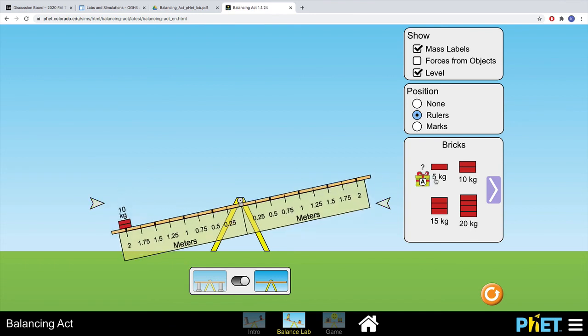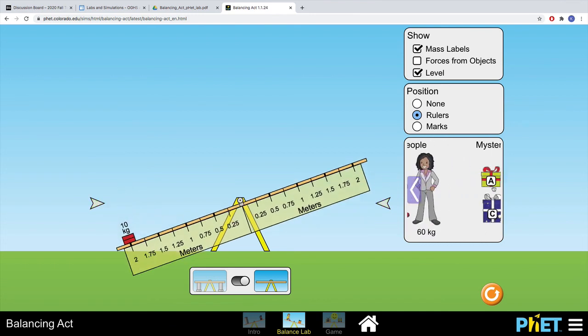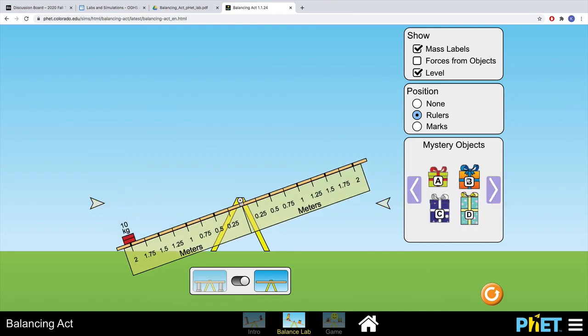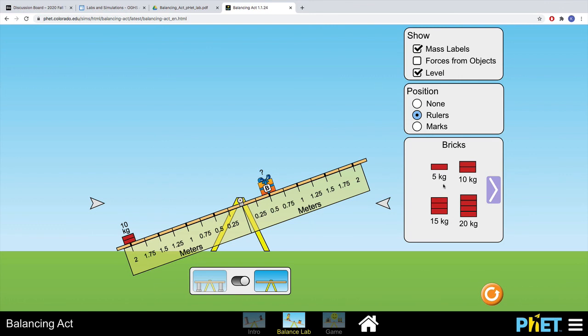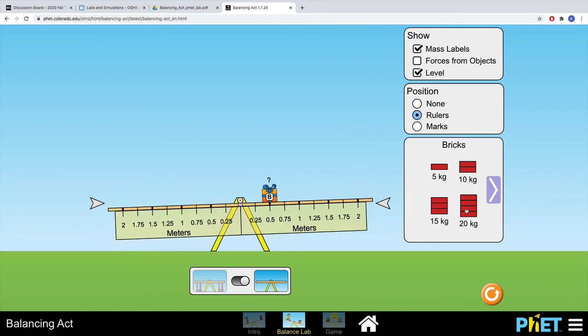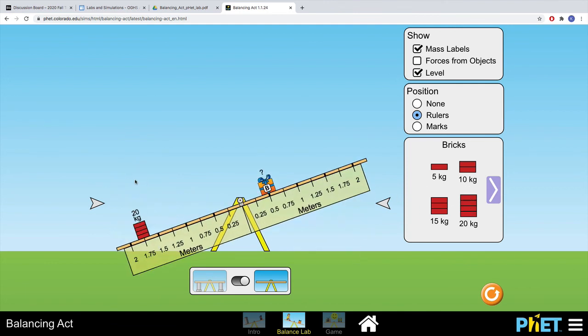You do a similar trick to find the mass of B. You may use a different mass in this case, or an additional mass, or just use a bigger mass, and then try to balance this. As soon as it balances, you take your data.